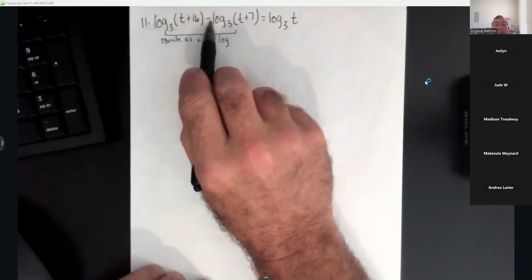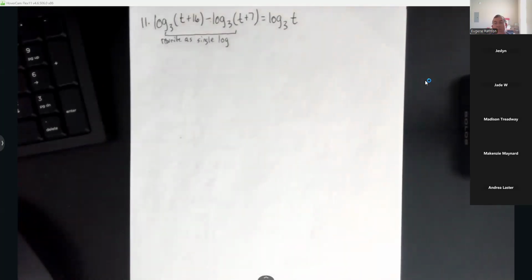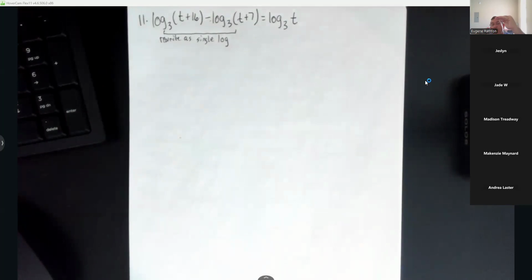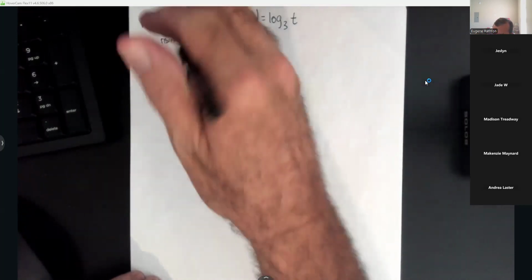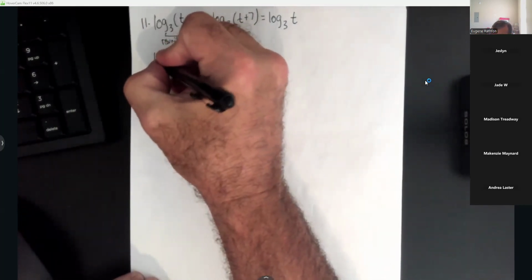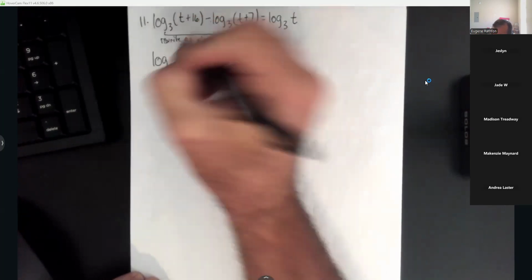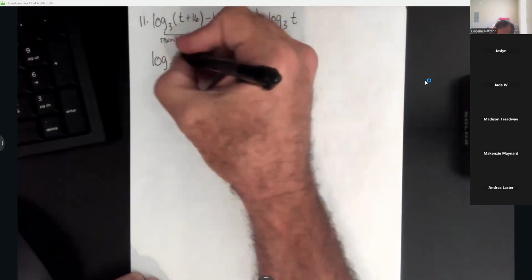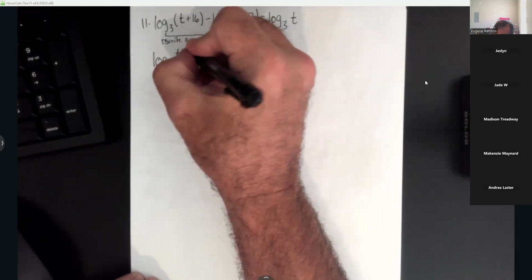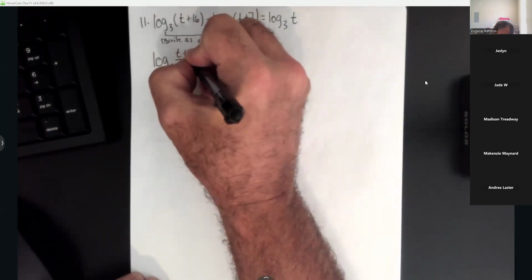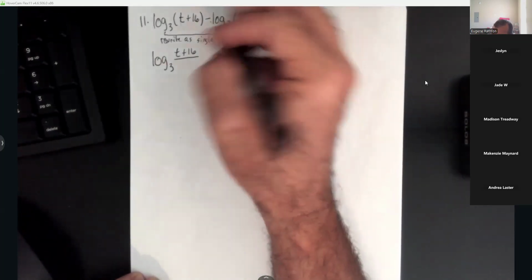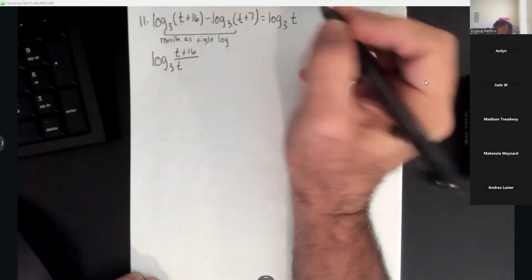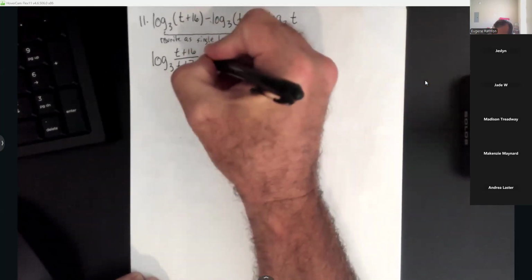Now remember, since they're being subtracted, when I rewrite it, it's going to look like a quotient. So let's bring out that log base 3 to the front. The positive factor goes to the top of the fraction. The one being subtracted, that t plus 7, goes to the bottom.